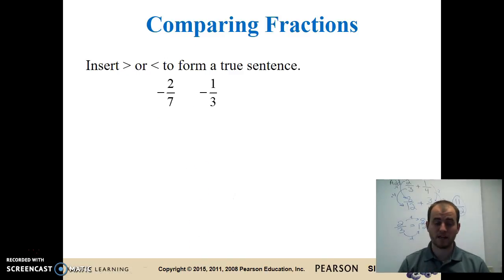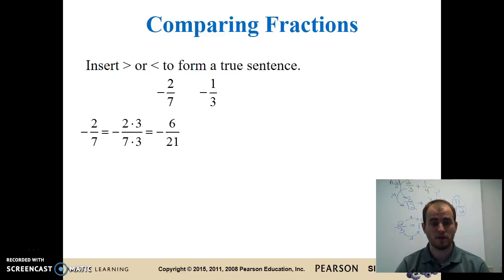Let's do another one. -2/7 or -1/3. Okay, I'm not sure which is larger. To compare them, we have to get a common denominator. Common denominator is 21. So rewrite the first one over 21. You would get -6 over 21 because you multiply them both by 3. The second one, you have to multiply them both by 7.